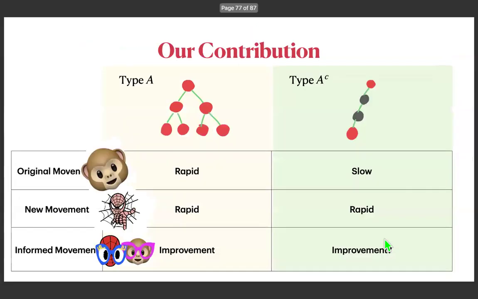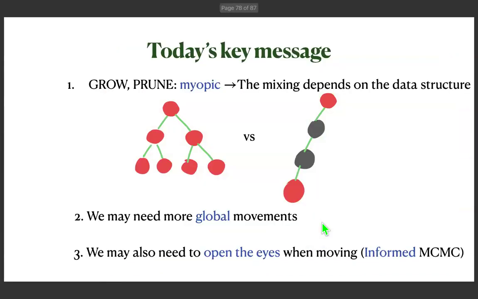So this was our contribution. Let me summarize. For the informed movement, we saw that there is an improvement, but the improvement of the local movement can be marginal. Now let me summarize today's talk. The original Bayesian CART algorithm, adding or cutting only one node at a time, can be a little too local a movement.